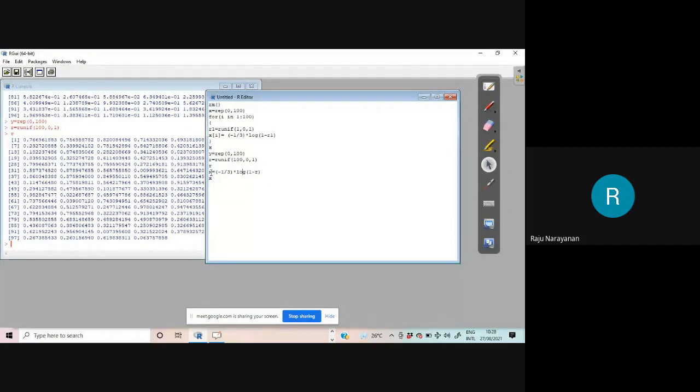Only log will work, not lig. I was very careless. Now, if you do it again, it will give 100 new sets.